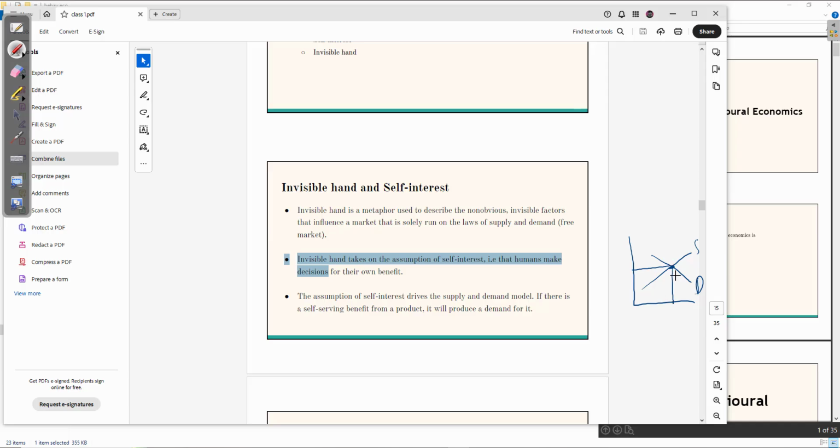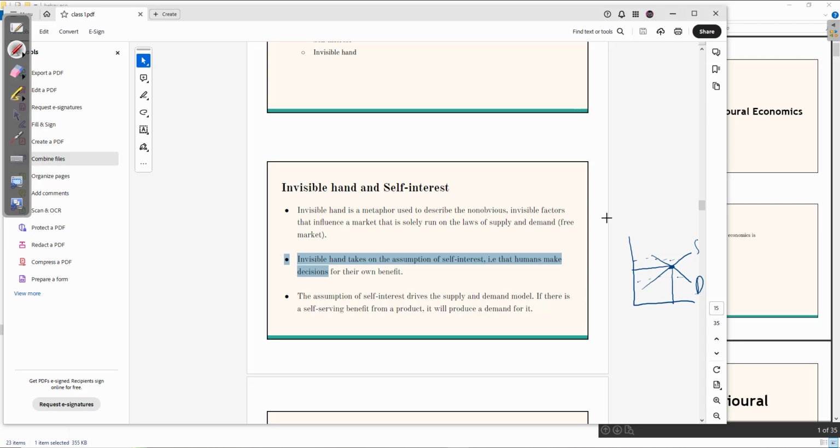It says that if markets are left on their own without any government intervention, the forces of demand and supply will automatically adjust themselves to an equilibrium price, where the price that suppliers are ready to accept is equal to the price that consumers are ready to pay. Even if there are situations of a higher or lower price, the market forces will automatically adjust to reach the equilibrium price level. So this is the invisible hand theory.